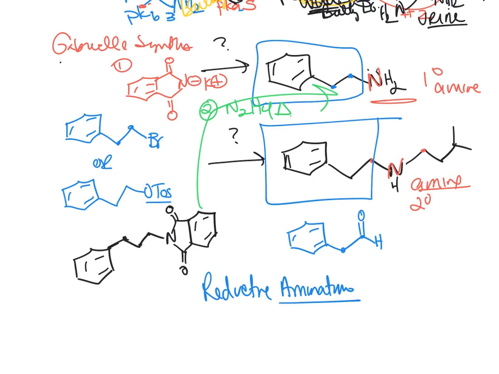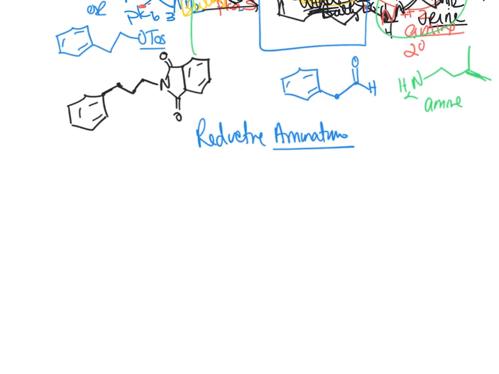Remember, ketones and aldehydes react with amines to do reductive amination. So then this side here would be NH2. All right, so there's your amine. Now what does that look like? Well, when they come together, we're going to lose water.